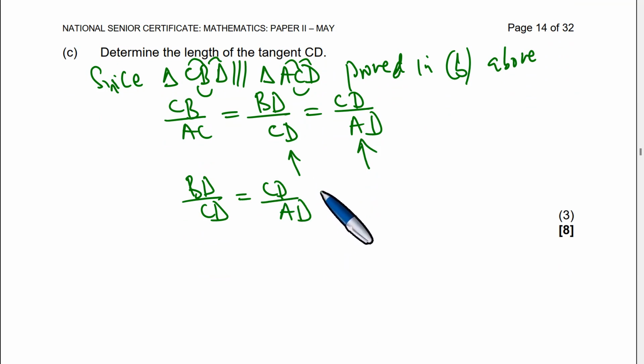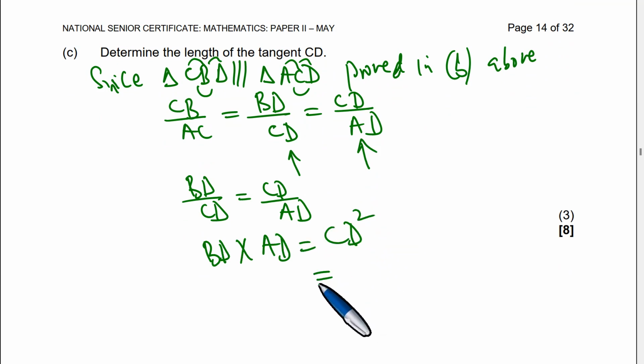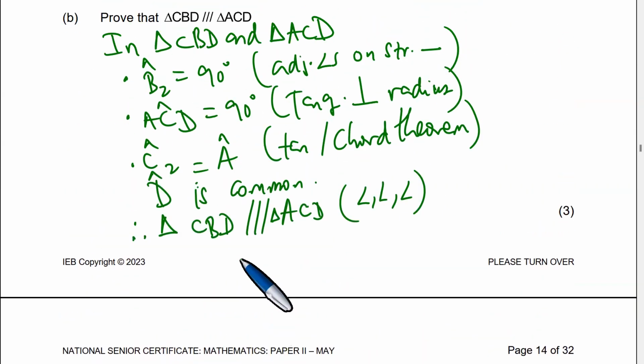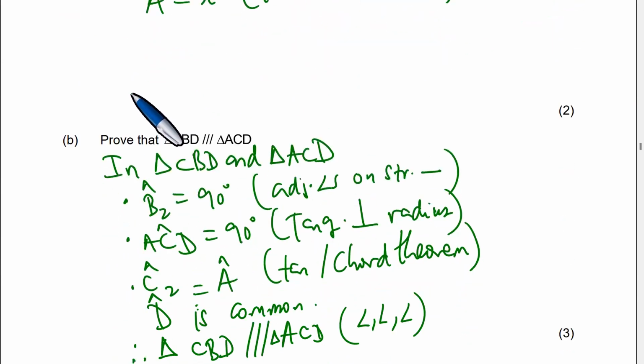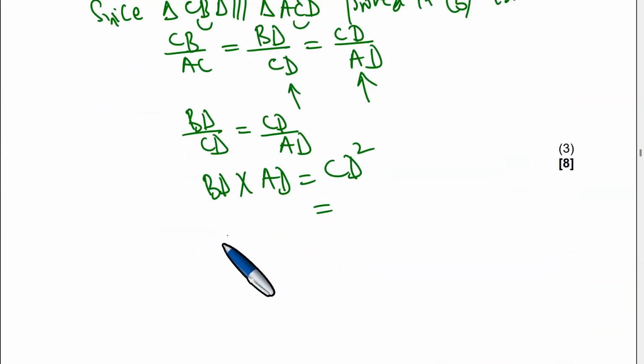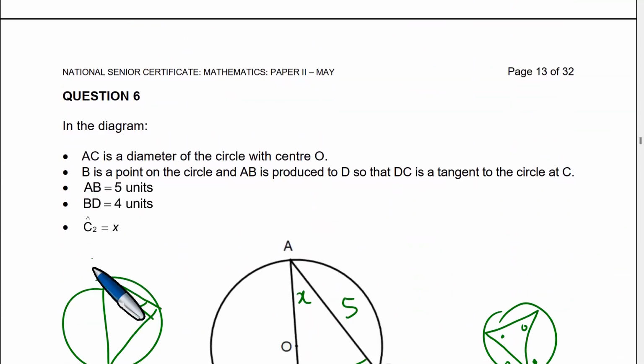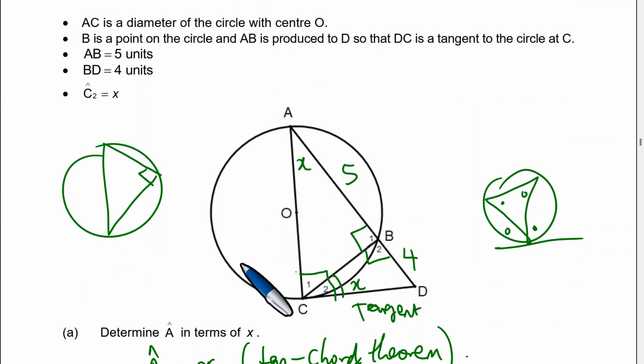Now you can cross multiply, which means CD squared is BD times AD. BD is 4 units. What about AD?